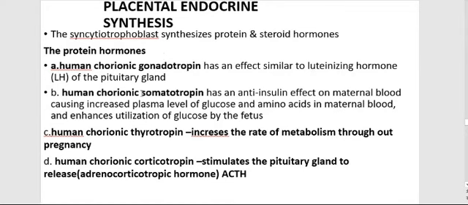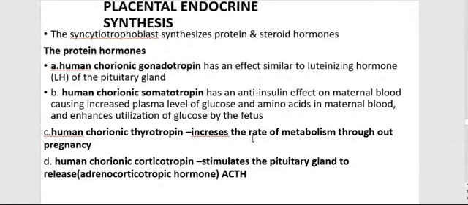Then human chorionic somatotropin has an anti-insulin effect on maternal blood. That leads to increased levels of glucose in the blood so that it can easily diffuse and be utilized by the fetus. Human chorionic thyrotropin just increases the rate of metabolism throughout the pregnancy.